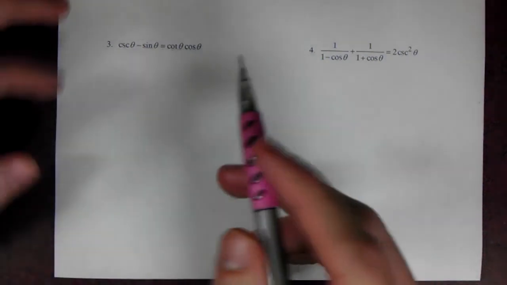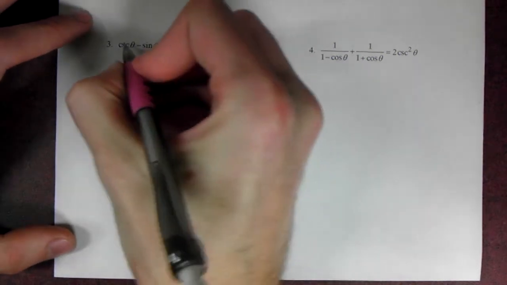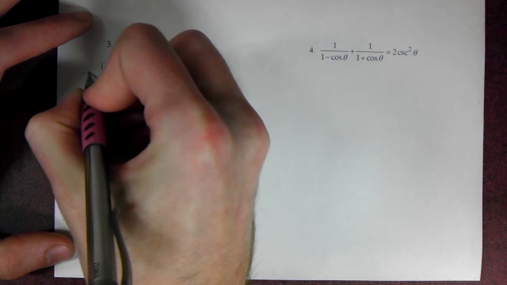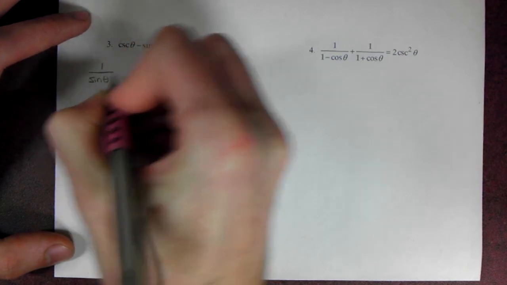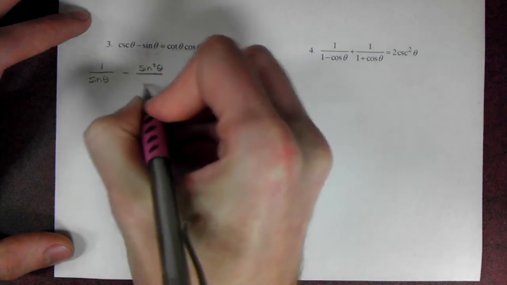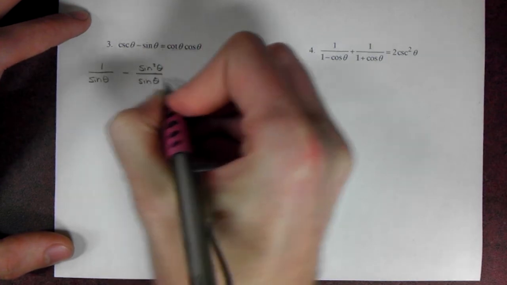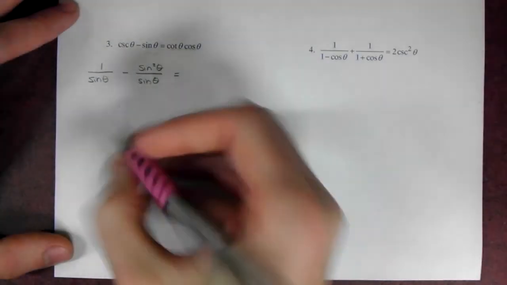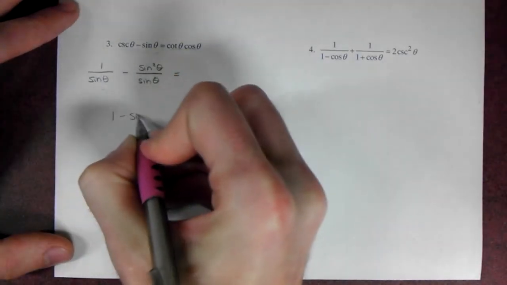And one cool thing we can do is if we have fractions, for example, if I'm starting off on the left side here, cosecant is the same thing as 1 over sine, and I can multiply and get a denominator on the right side as well by making it sine squared over sine. So we got a common denominator. Now I can add the fractions together.